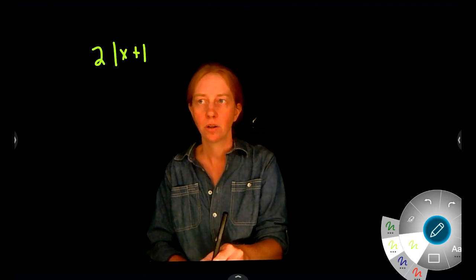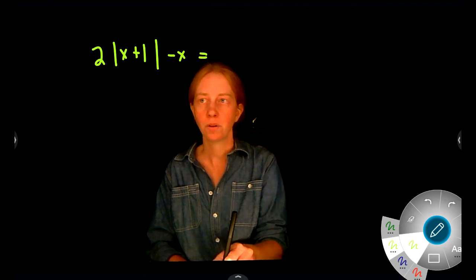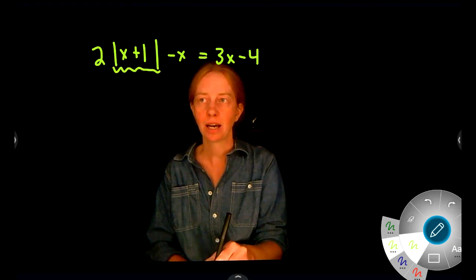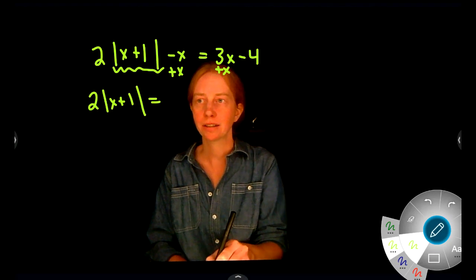So 2 times the absolute value of x plus 1 minus x equals 3x minus 4. So what we need to do again is get this absolute value all by itself. So I'm going to go ahead and add x to both sides. 3x plus x is 4x.